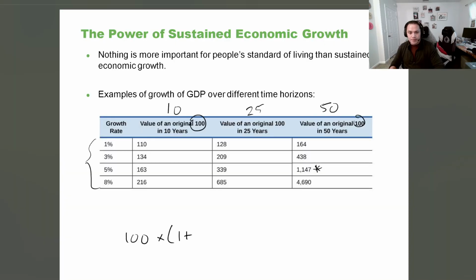And because I'm working in this third row here, I'm using a growth rate of 5%. I make that conversion to decimal form. And I need to look at my column here. So I'm estimating 50 years into the future. I would raise that to the power of 50. And you should get that 1147.